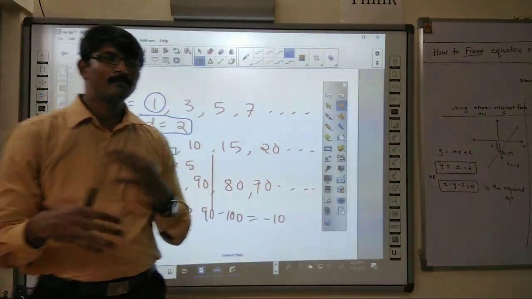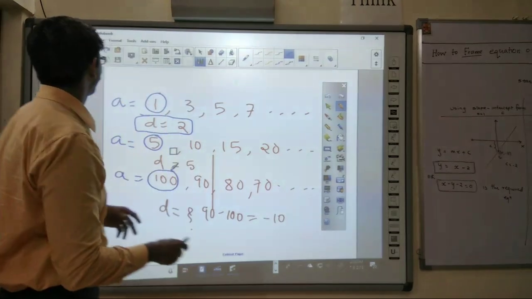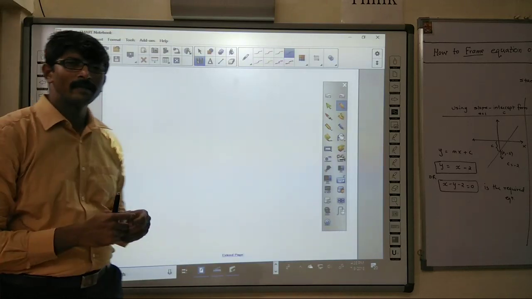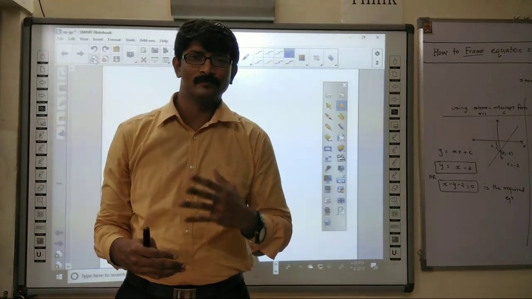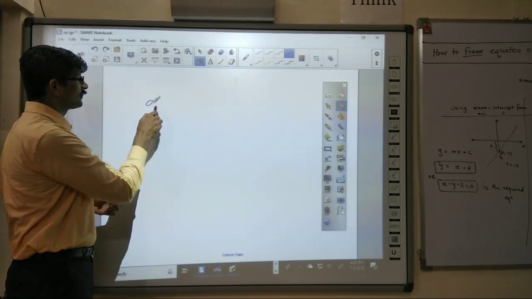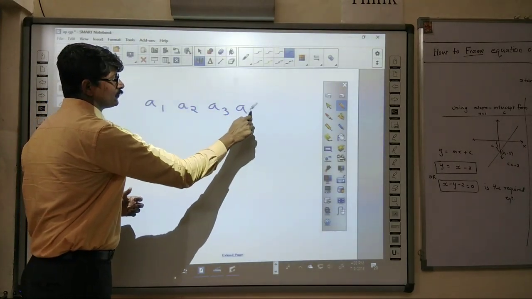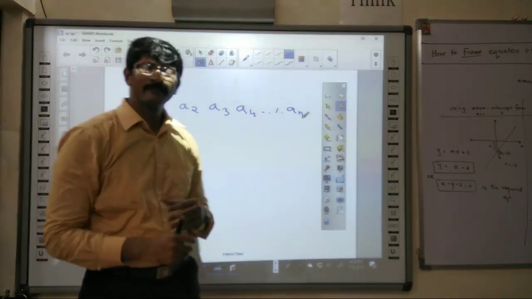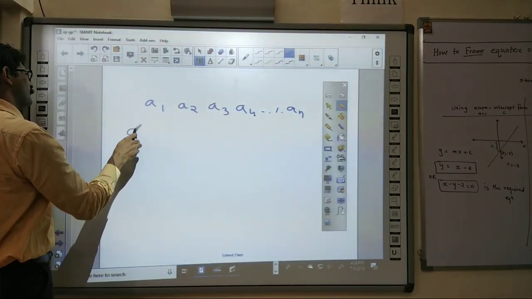Students, we will move to the next topic, the formulae for this particular term. So what are the formulas? First, in case you have to find the nth term. The series is generally denoted as A1, A2, A3, A4, and so on, say AN. So to find the nth term, what is the formula?